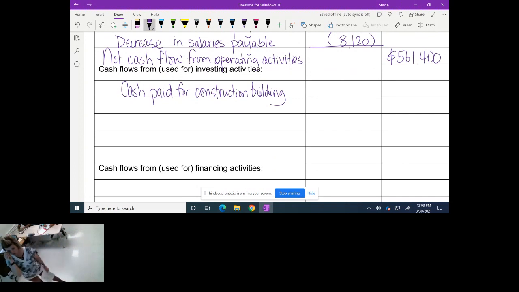Thank goodness that Cengage has choices, so you don't have to try to figure out what exactly they want. So how much cash? We got 579.6. And since it's cash paid, we're gonna show that as a subtraction, right? And so just bring that negative over here.